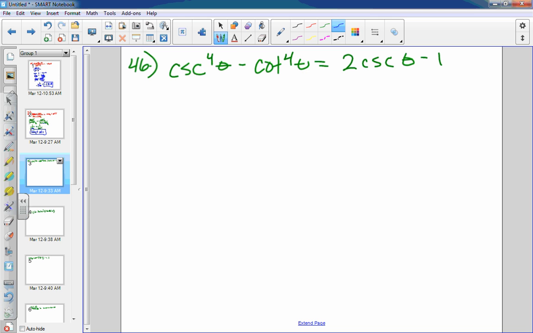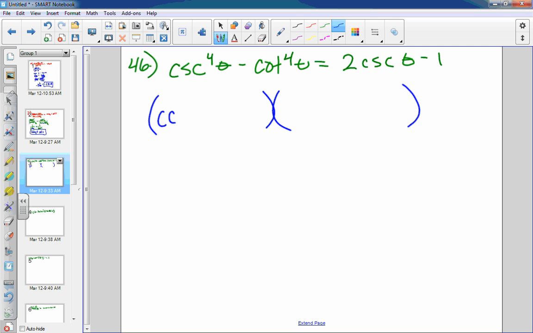Yes, you do two binomials. Do it. Take that left-hand side and split it into two binomials. Okay? It's a binomial, and I can take the fourth power and break it down. So how do I break down cosecant to the fourth? So I'm going to go ahead and have two binomials here.